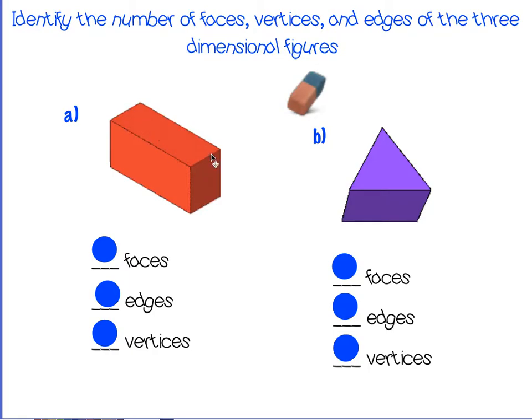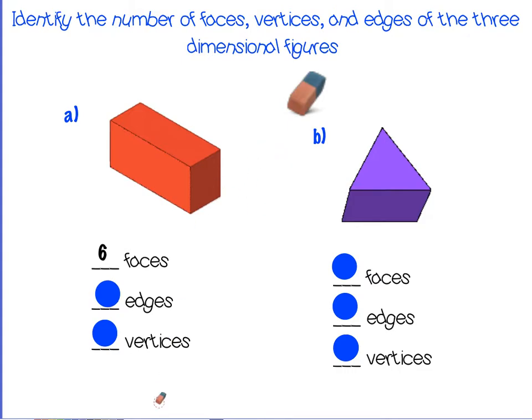So if my base has four sides, that means that this middle part has to have four faces. So there's four faces here connecting the floor to the roof, so to speak. So you have four here, and then you have your floor and you have your roof. So you have 6 faces.